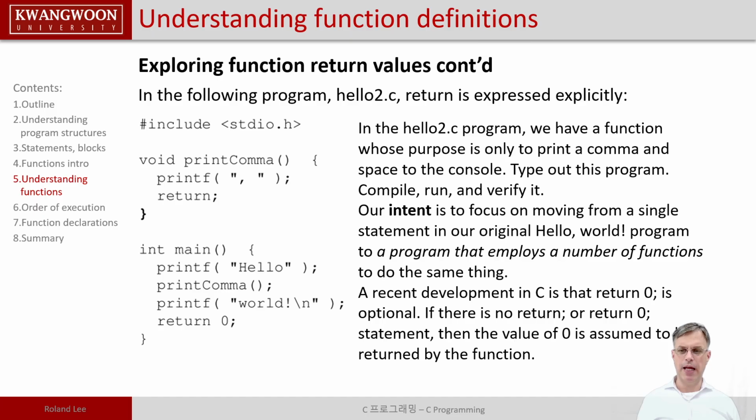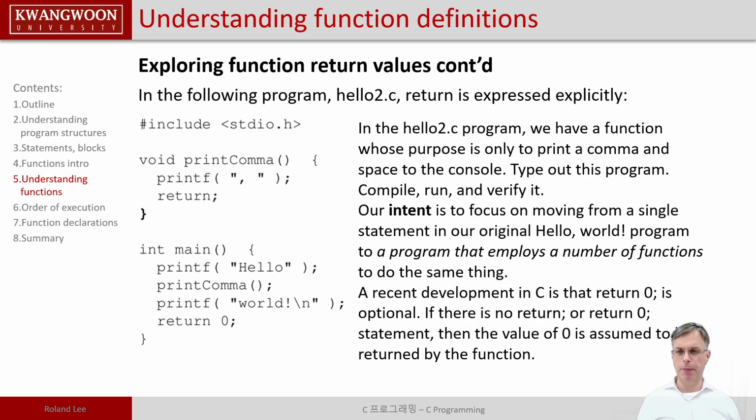Yet, our intent is to focus on moving from a single statement in our original Hello World program to a program that employs a number of functions to do the same thing. In each case, the output will be the same. And as we expand our knowledge of C, our functions will become more useful and more relevant in the future.